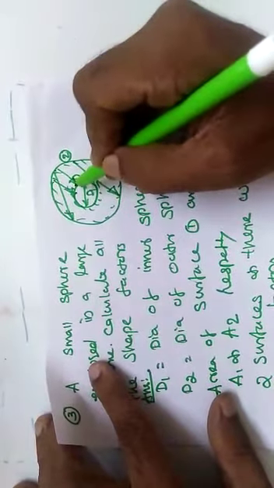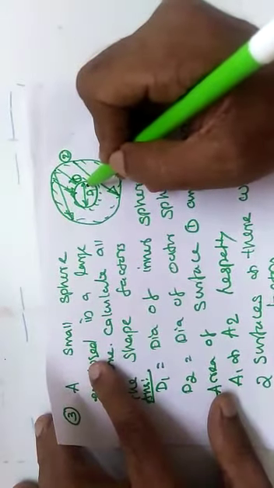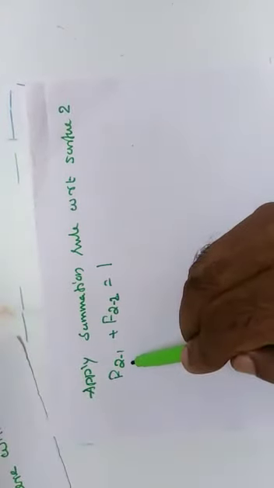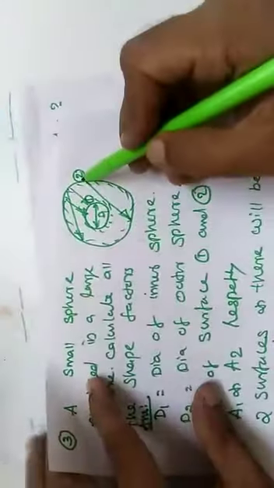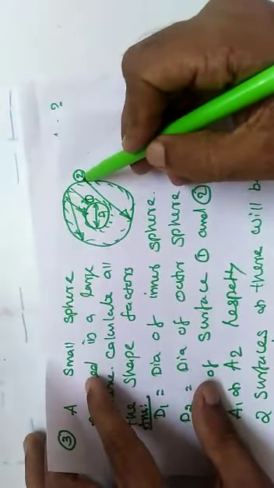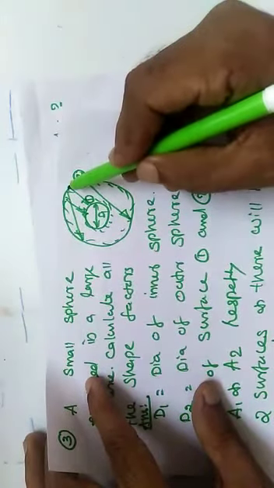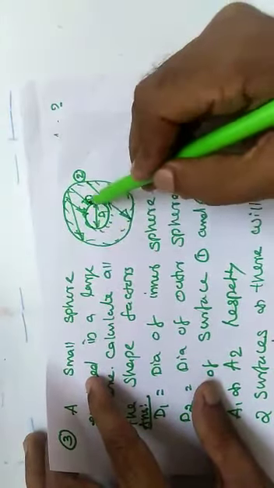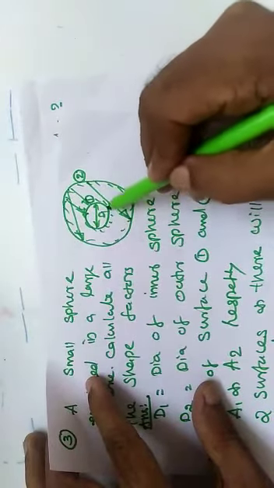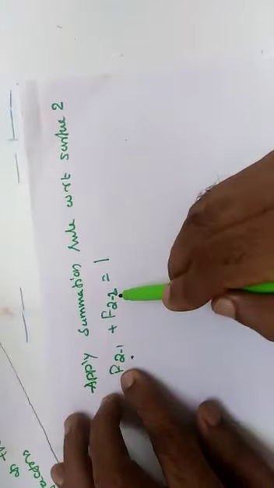Only a fraction will be intercepted by surface 1. You don't know its value, so F21 is not known. Now F22, the fraction of the radiation that falls on surface 2 itself, is also unknown because some amount of radiation will be intercepted by surface 1. So you don't know the values of F21 and F22.